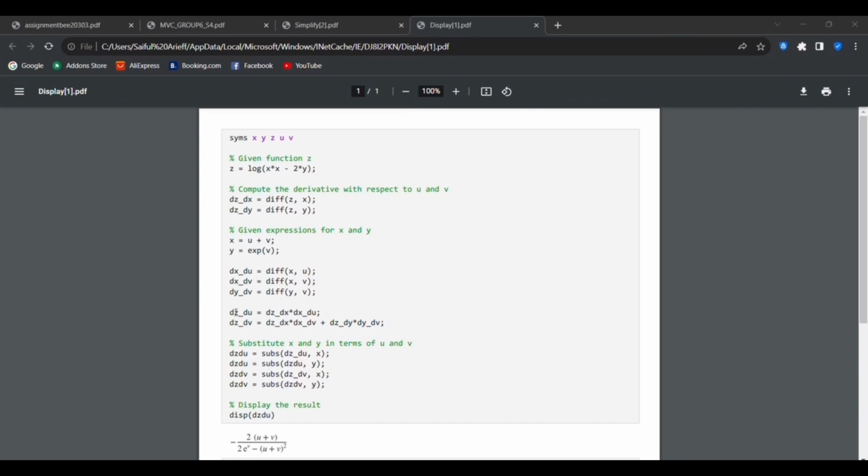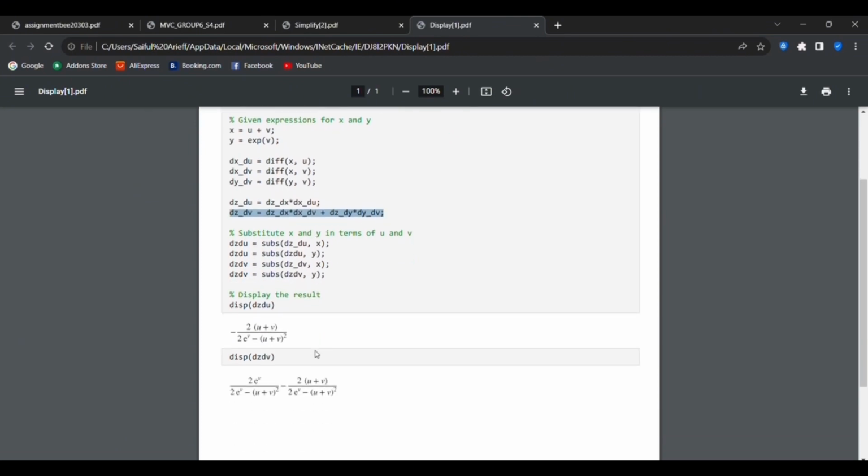To get the answer for dz/du, we use the same formula as in the manual calculation, which is dz/dx multiplied by dx/du. The same goes for dz/dv, which is dz/dx multiplied by dx/dv, plus dz/dy multiplied by dy/dv. As we get the answer for dz/du and dz/dv, we need to substitute the functions of x and y to get the final answer.